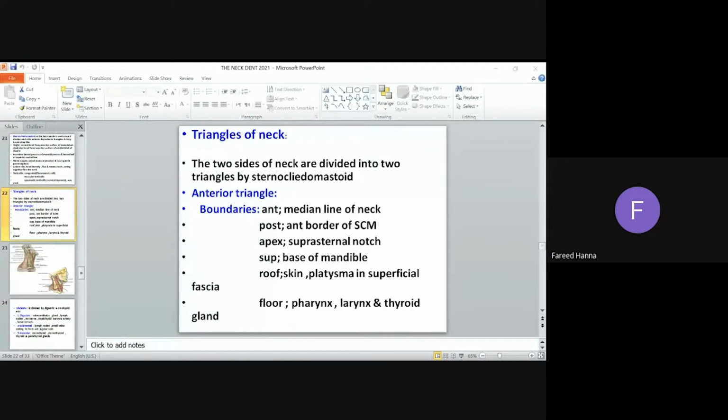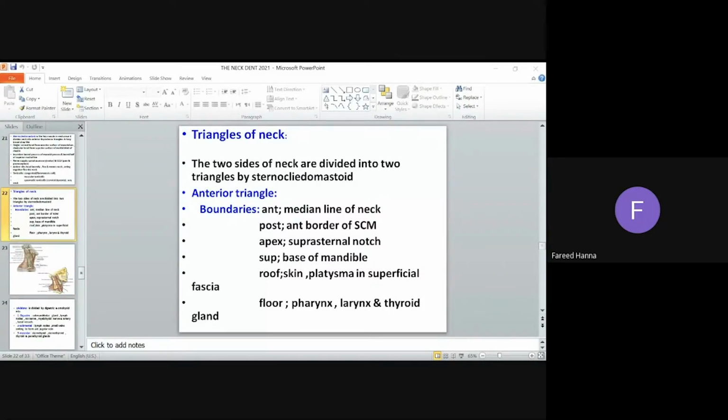And then we have the trapezius muscle. We have studied these muscles. Now these 2 muscles, they are invested by deep layer of investing cervical fascia, enclosing them. Presence of these 2 muscles divide each side of the neck, the left side and the right side, on each side of the anterior median line, to the left and to the right, divided into two triangles.